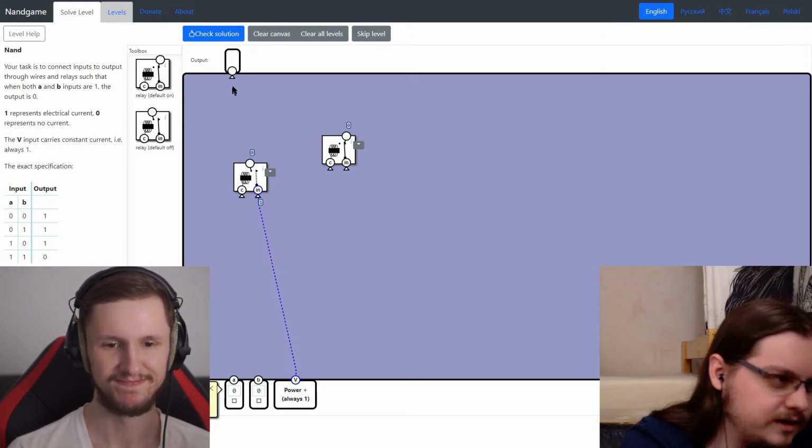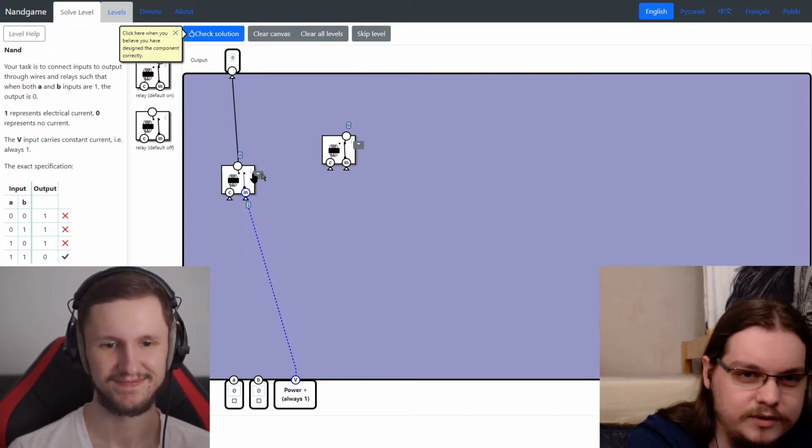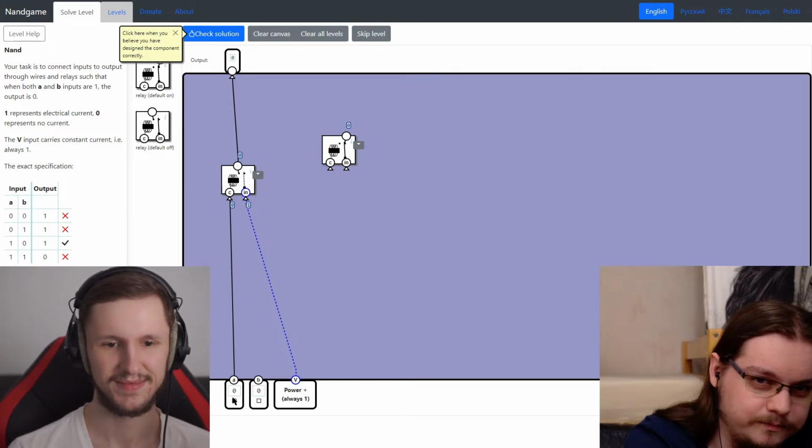Now, if I were to connect this to the output, it would not produce a 1 here, it would produce a 0, because it's closed. It doesn't let the signal through. Now, if I were to connect this to one of these, and then set it to be 1, then it lets it through. If it's 0, it doesn't let it through.